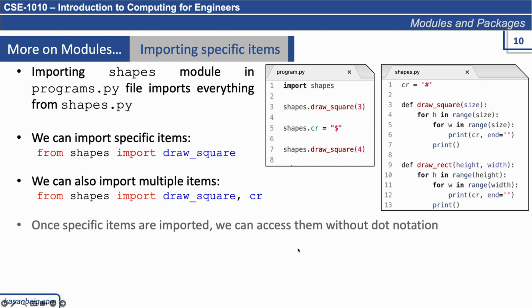Once these specific items are imported, we can access them without dot notation. Previously we were importing the entire module and we had to specify what thing we wanted to use from the shapes file.